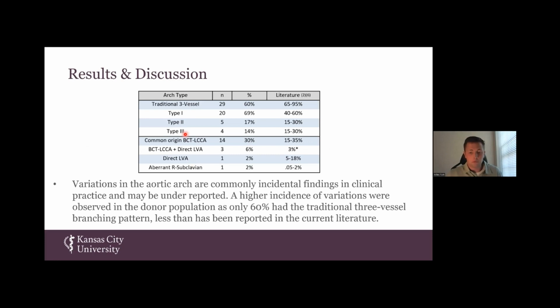So if we break it up using that distribution, 30% of our donors had a common origin, 6% showed both a common origin and a direct left vertebral artery. 2% or 1 donor had a single left vertebral artery isolated, and then 1 aberrant right subclavian artery. And so what we have here is our donor population had a slightly higher variation rate than had been reported in literature.